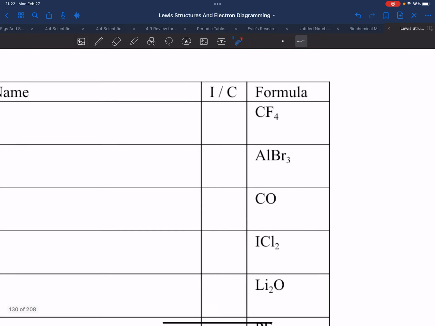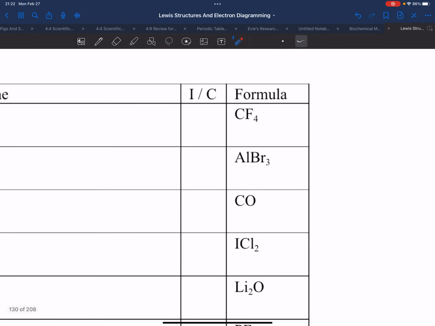So here, sometimes it's a little bit trickier, sometimes it's a little bit easier, but you look at these two elements, you have to remember the symbols. Use a periodic table. You should have one with you. You should definitely have one. Don't get carbon and calcium confused, right?